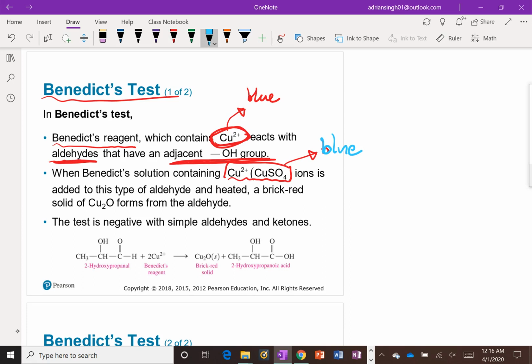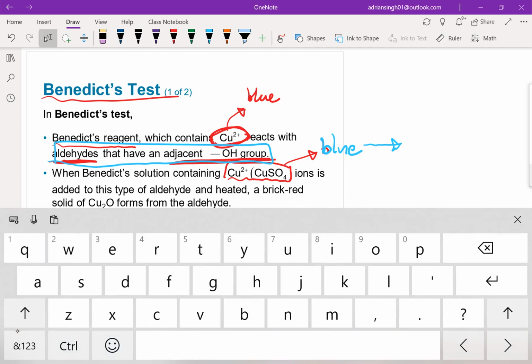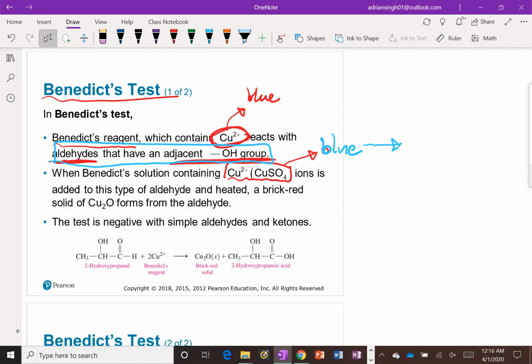And then if we have an aldehyde that is close to an OH group, that's going to give you a positive test, and that blue color gets converted to a brick red solid, which we call a precipitate. It's pretty obvious when that happens because you see the color change right away.